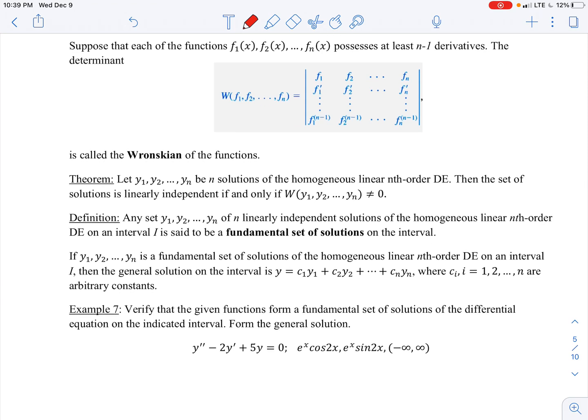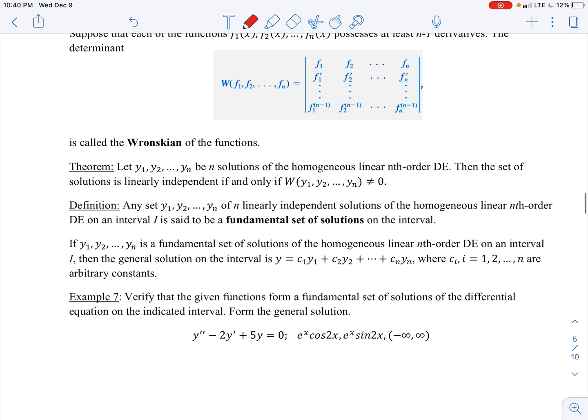So we have a theorem. Our theorem is, if y sub 1 and y sub 2 all the way to y sub n are n solutions of the homogeneous linear nth order differential equation, then the set of solutions is linearly independent if and only if the Wronskian does not equal 0.